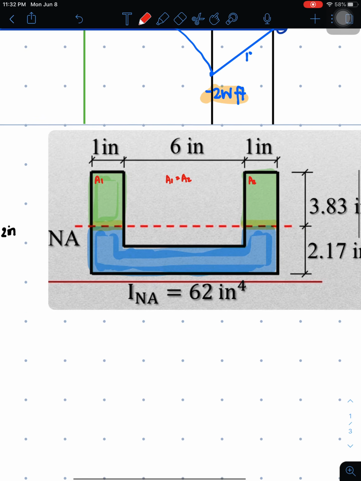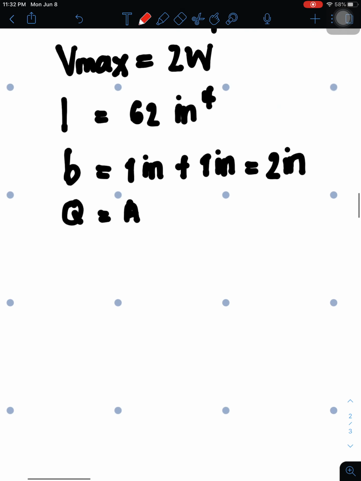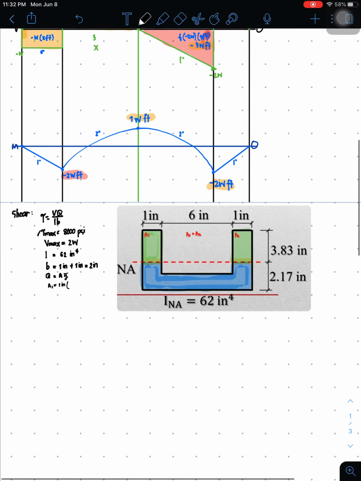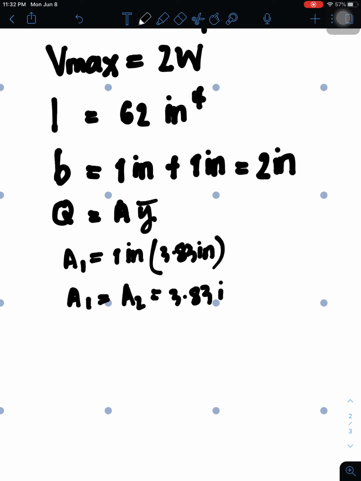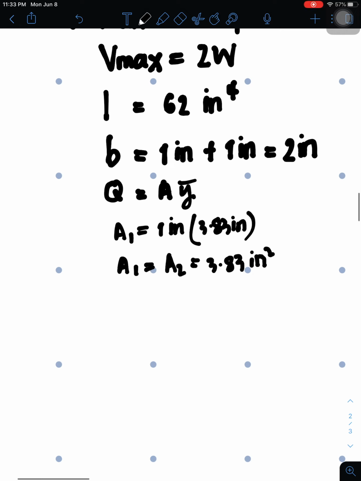And then what is the area 1 and area 2? So area 1 is the product of 1 inch times 3.83, so that's 3.83 inches. Somehow area 1 is just equal to area 2, and that is 3.83 square inches.